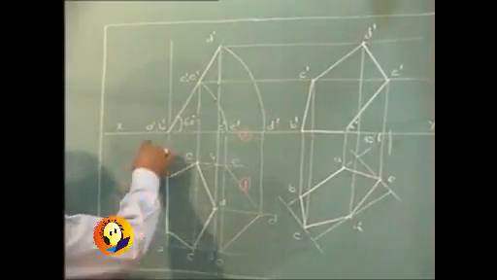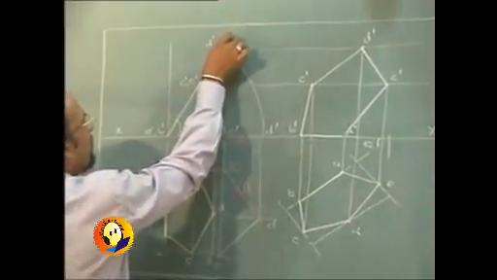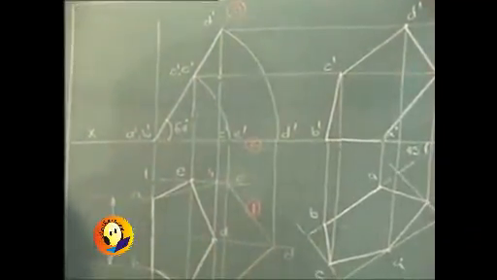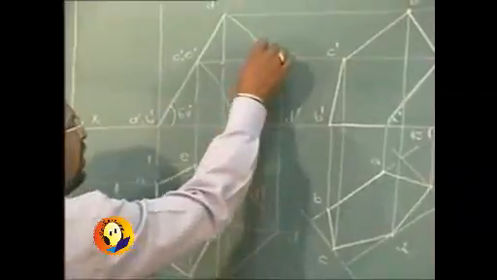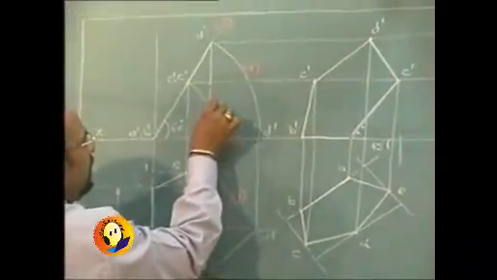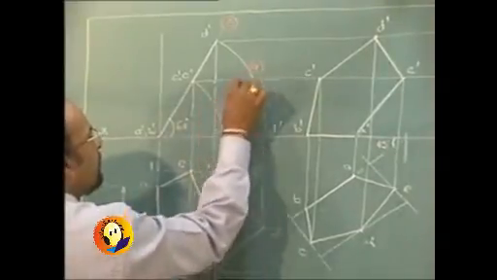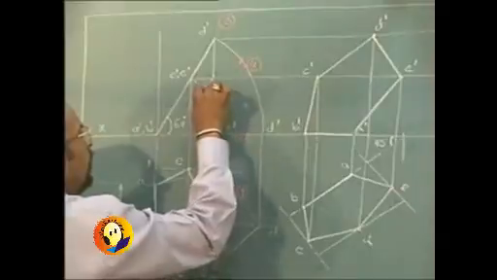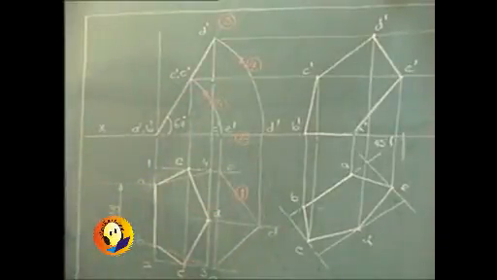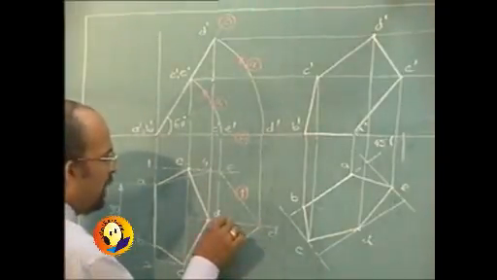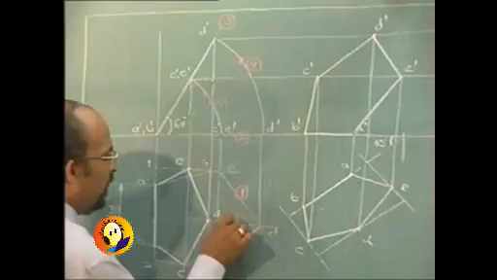Then we had drawn this 60 degrees line. On that 60 degrees line, we had rotated points D and C and E. So these rotations was step number 4. Rotation in one view, movement parallel to XY in other. So drawing these paths is our step number 5.